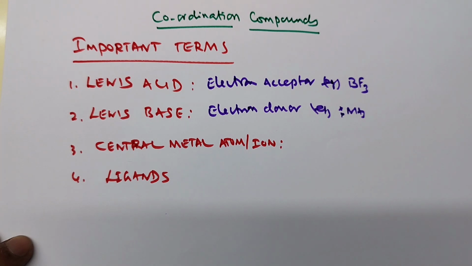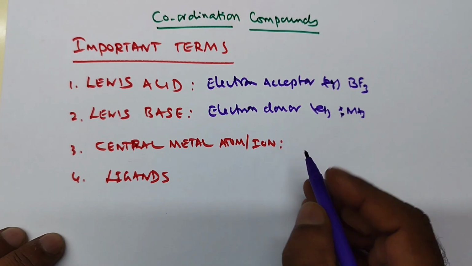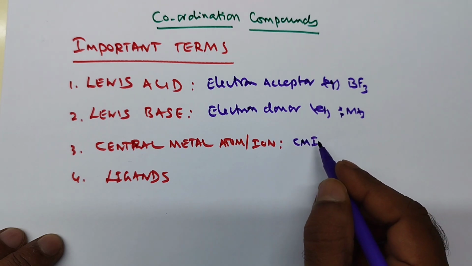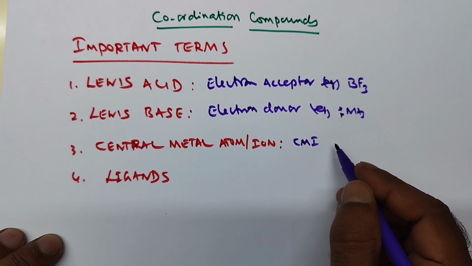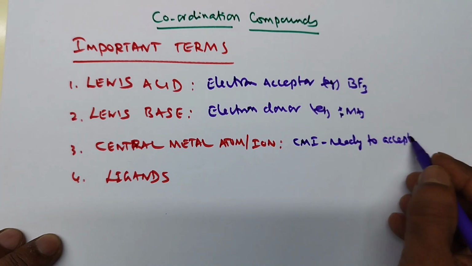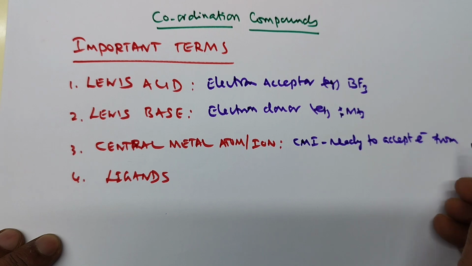In this particular chapter we are going to study certain terms. We have to define them first, then we proceed to the chapter in detail. First we will take the central metal ion. What is meant by central metal ion? The central metal atom or ion, which we can abbreviate as CMI, is defined as ready to accept electrons from the donor atom.